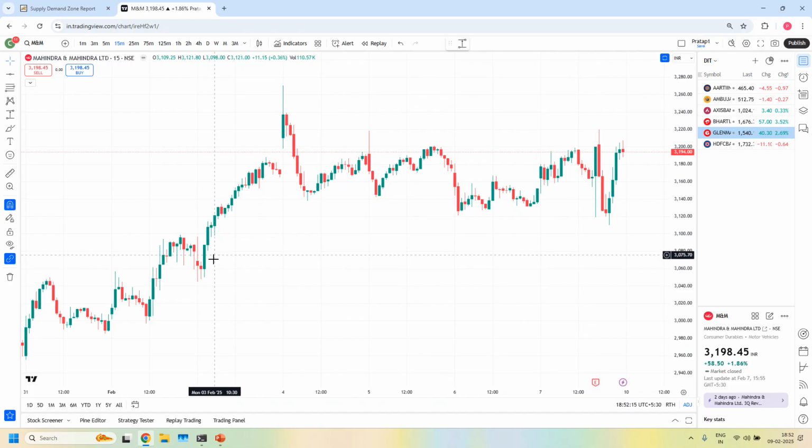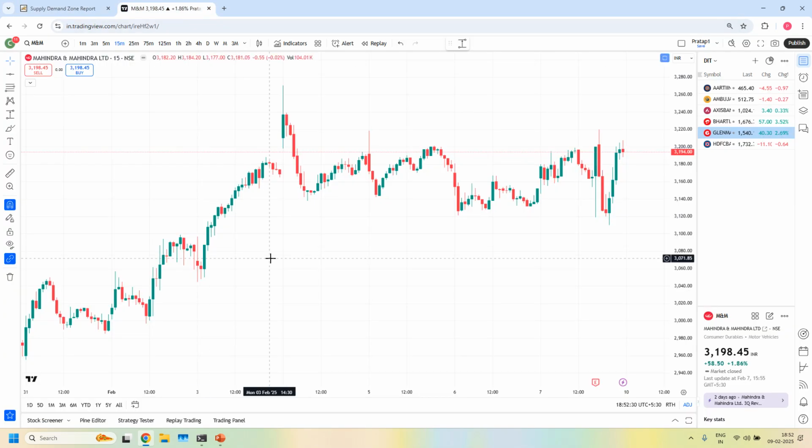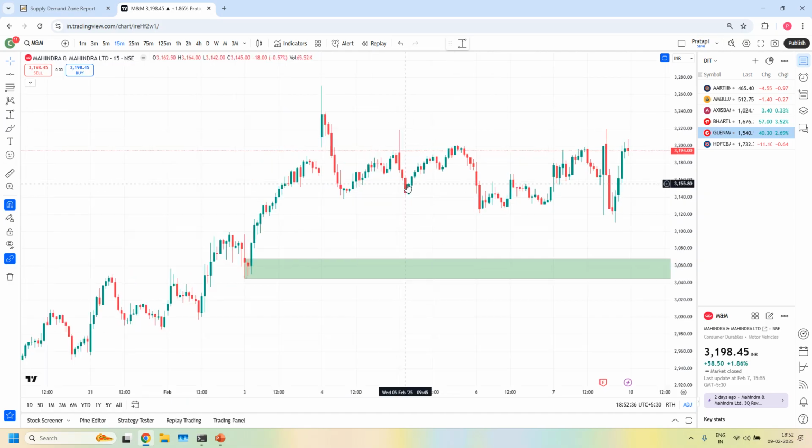This is the one. We have a failed ERC as a drop base rally. So here drop base rally, because it is a drop, the lower wick of this candle we should consider. So this is the zone.